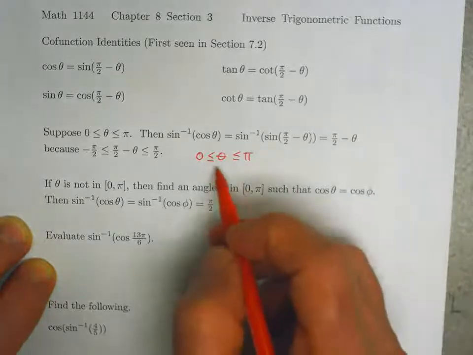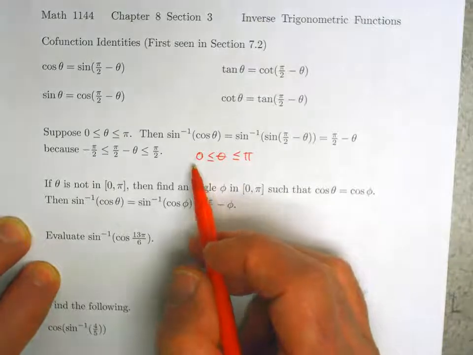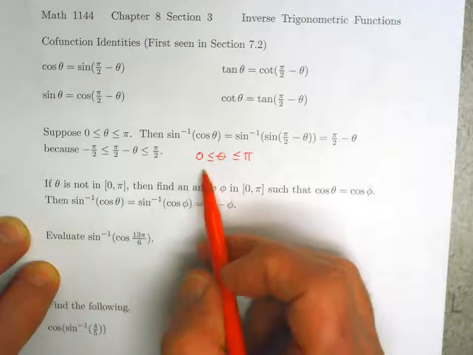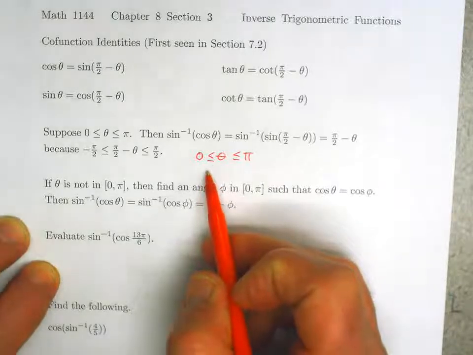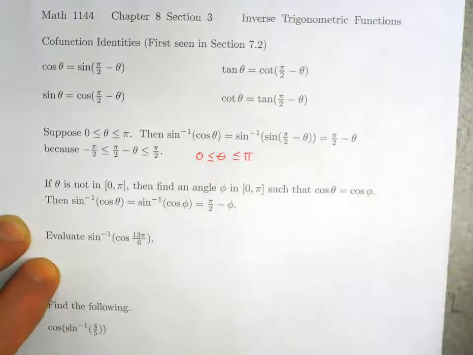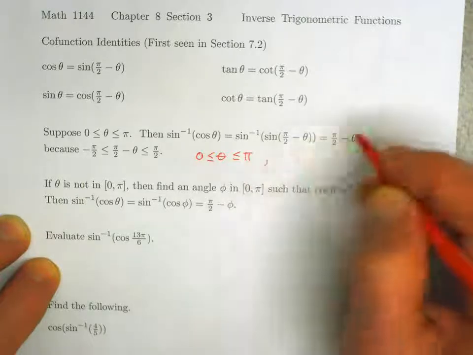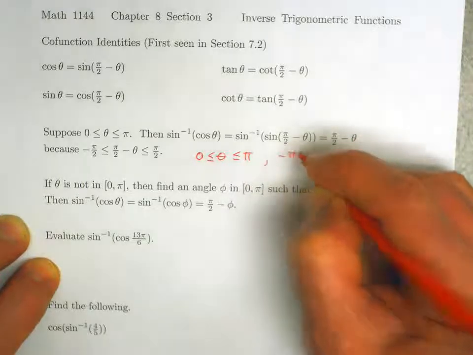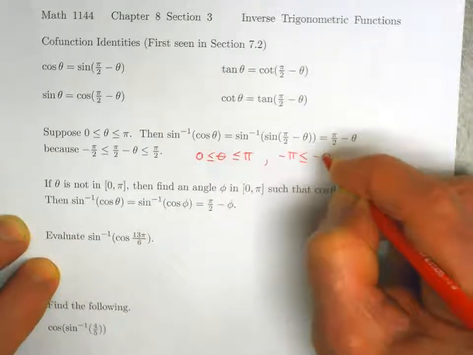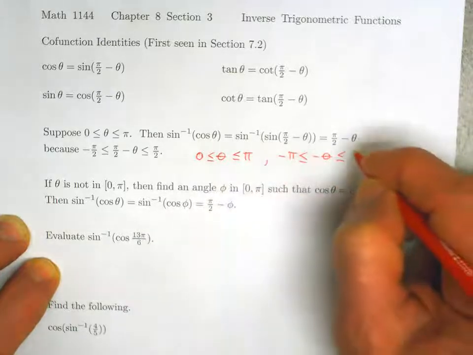Well, if I take the negative of all three parts, remember if you multiply both sides of an inequality by a negative number, then the inequalities switch directions. So if I multiply each of those three parts by negative 1, then I can write it as negative pi is less than or equal to negative theta, which is less than or equal to negative 0, which is just 0.